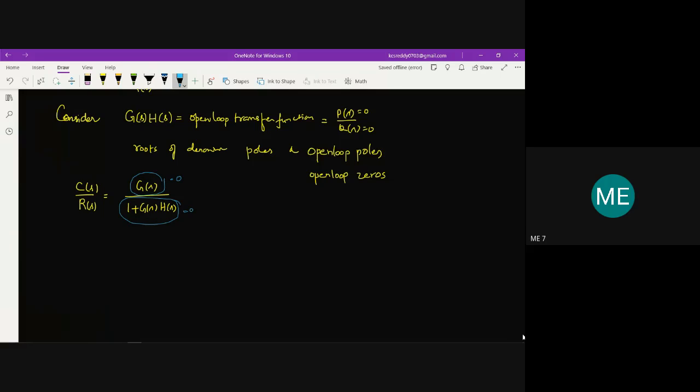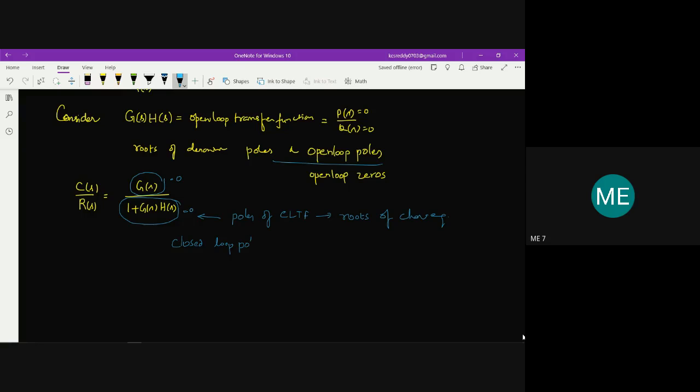The poles of the closed loop transfer function are nothing but the roots of the characteristic equation, 1 plus G of s into H of s equal to 0. That is called the characteristic equation. So these are the closed loop poles of the transfer function, whereas earlier we talked about open loop poles.